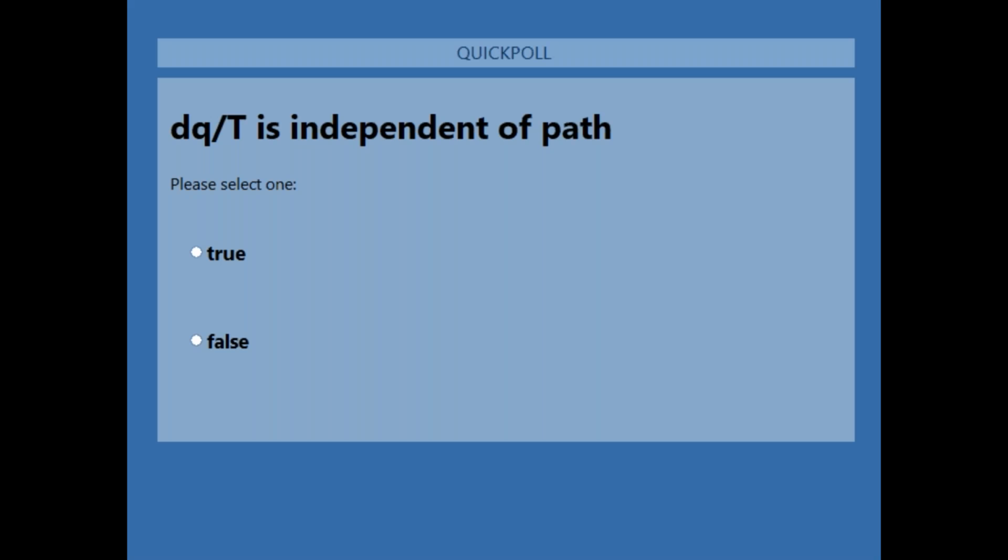So it appears that most of you understood this, that the integral of del q by T is a property, it represents the change in property, and hence it is independent of the path taken. And we had proved this, that the integral of del q by T is independent of the path which is taken. Okay, so the answer is true.